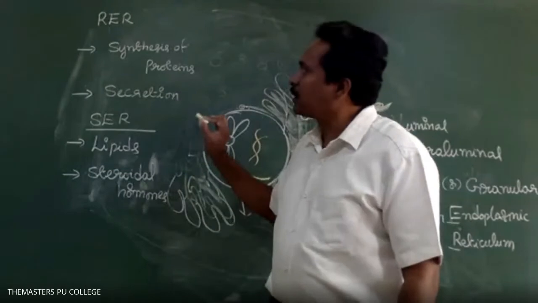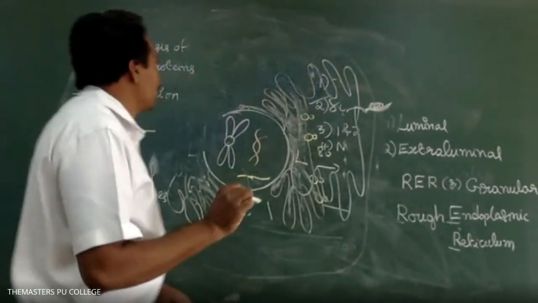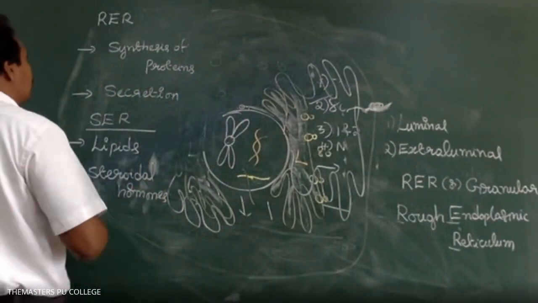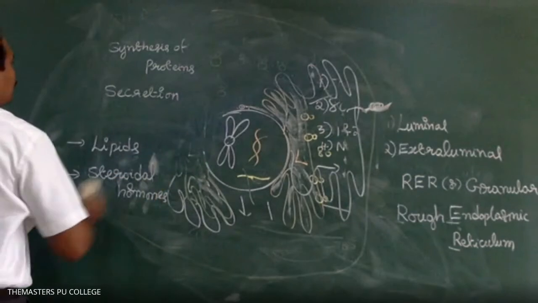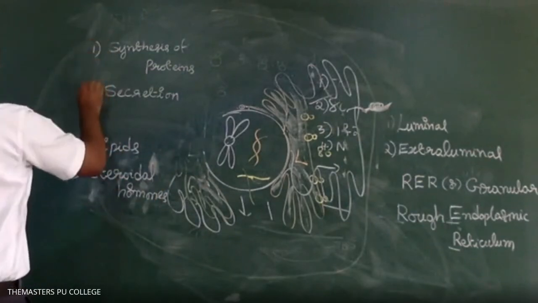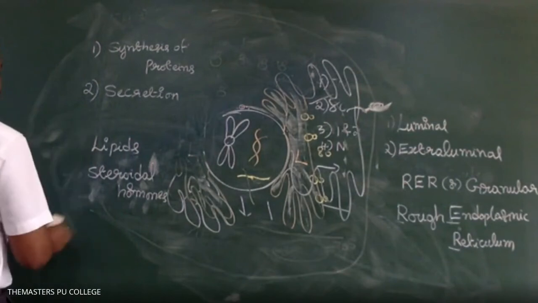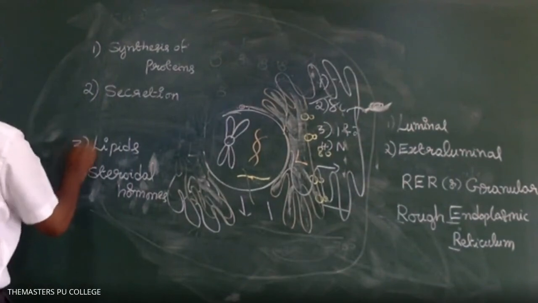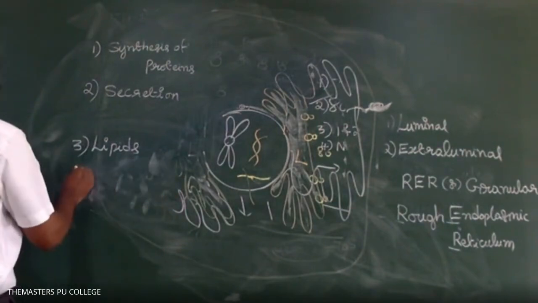In objective point of view, the rough endoplasmic reticulum is involved in: option 1, the synthesis of proteins; option 2, secretion; option 3, the synthesis of lipids; option 4, 1 and 2.